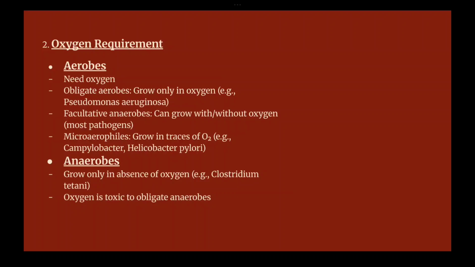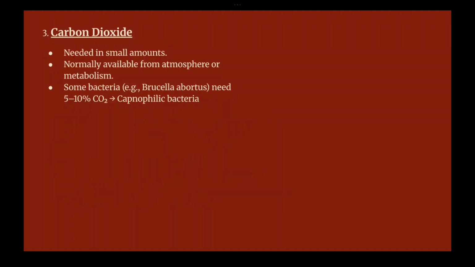Small amounts of oxygen can help them survive, such as Campylobacter and Helicobacter pylori. Coming to the second type based upon oxygen requirement, the anaerobes grow only in the absence of oxygen. So there should be no oxygen for their growth. Clostridium tetani is one such example which grows without oxygen. Oxygen is toxic to these obligate anaerobes. Carbon dioxide is another factor which determines the growth of bacteria.